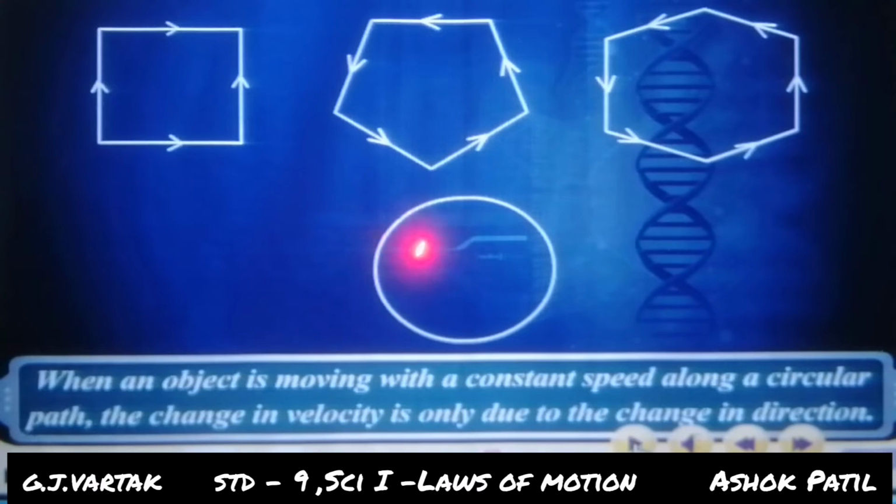This is a circle. Okay, when an object is moving with a constant speed along a circular path, the change in velocity is only due to the change in direction.